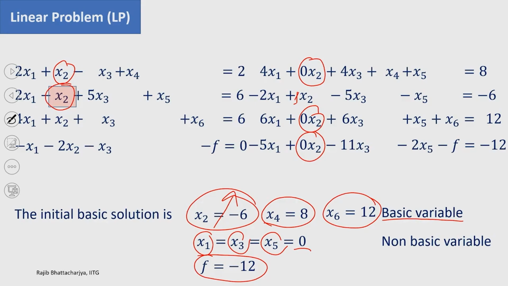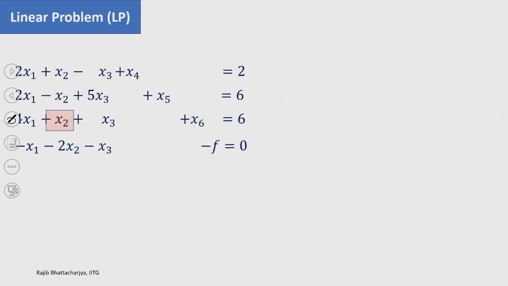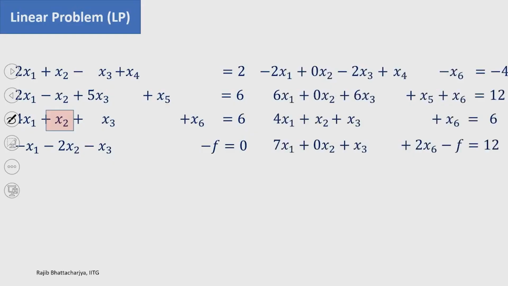Okay. So, if you consider this x2 in the second equation as a pivoting element, in that case we are getting a solution, but that is not a feasible solution, because we are getting x2 equal to minus 6. Now, let us consider the x2 in the third equation as a pivoting element. In that case what will we get?